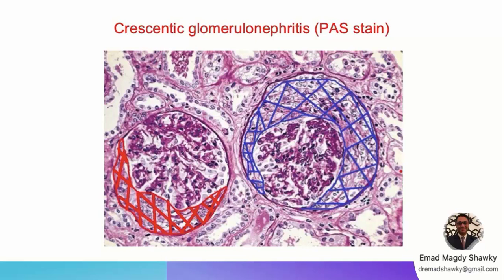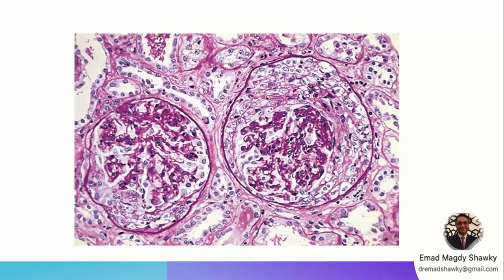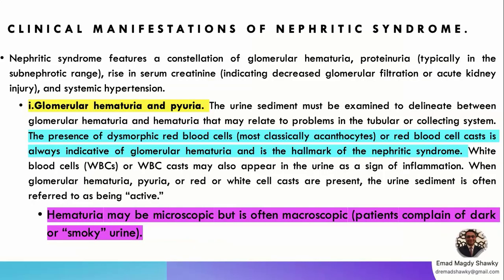Why? Because this proliferation compresses the tuft and occludes most of the tuft capillaries and leads to a severe form of nephritic syndrome and rapid deterioration of kidney function within days or a few weeks. Okay, so if I asked you now, what are the clinical manifestations of nephritic syndrome?